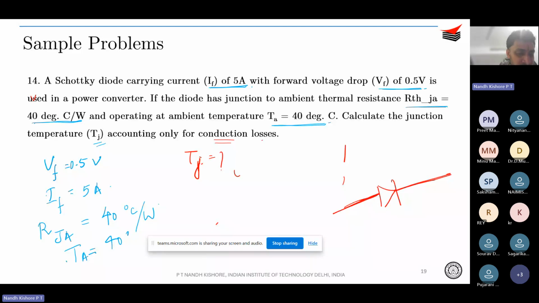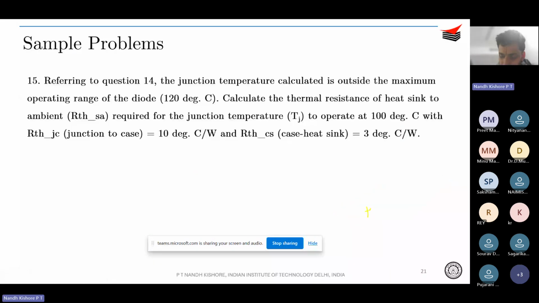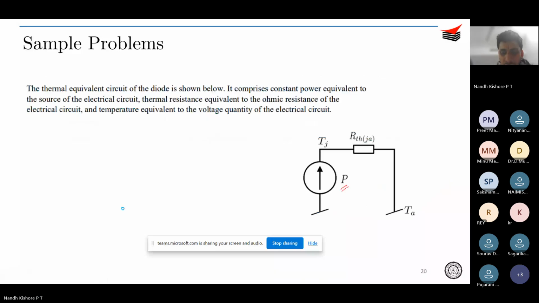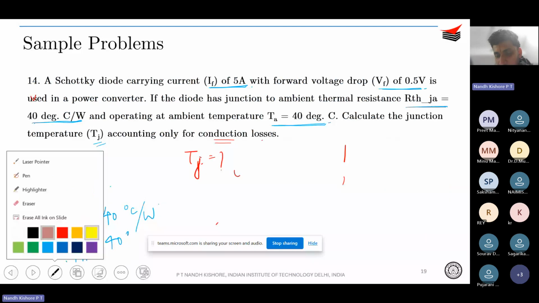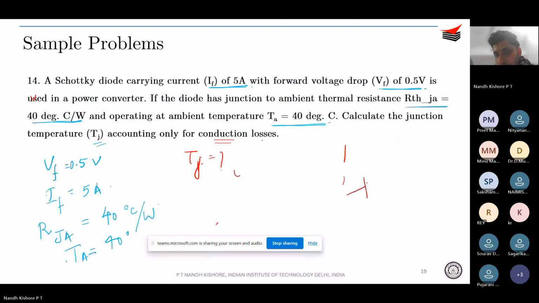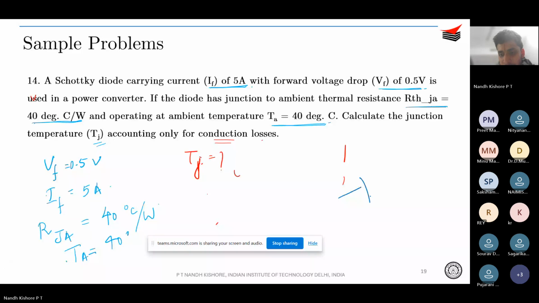But point is that it has a forward voltage drop Vf and it is conducting a current of If.